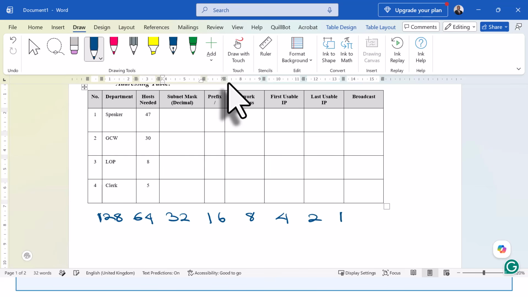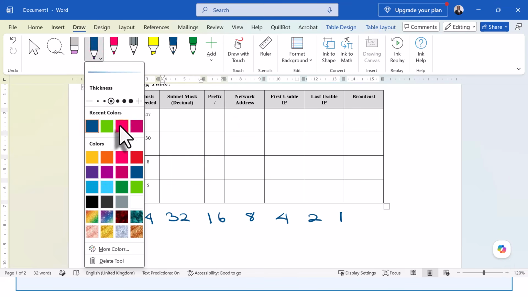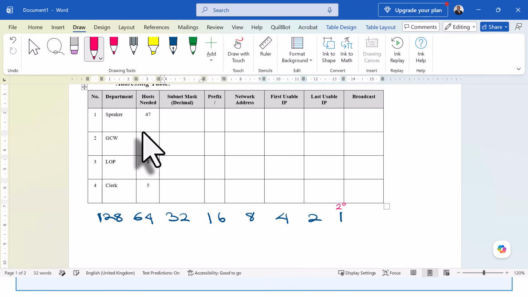Remember, this comes from our scale. Which scale are we talking about? Our scale of powers of 2: 2 to the power 0, 2 to the power 1, 2 to the power 2, 2 to the power 3, 2 to the power 4, 2 to the power 5, 2 to the power 6, and 2 to the power 7. All right?